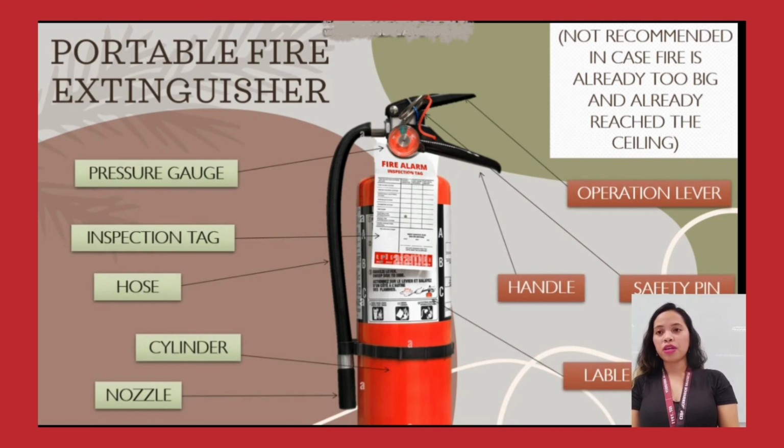You can see the pressure gauge, inspection tab, the hose, the cylinder, the nozzle, operation lever, handle, safety pin, and the label. But don't worry, I will go ahead and show you later on the real picture of a portable fire extinguisher that we can find outside the room.